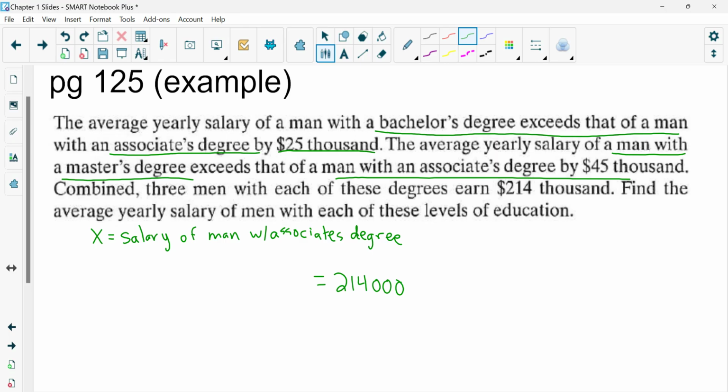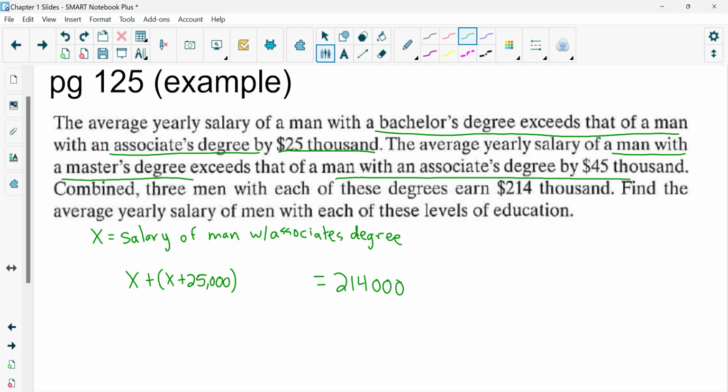And so when we add these all up, it's first the man with the associate's degree, which is just x. We're going to add to that the man with the bachelor's degree. So how can I write the salary of the man with the bachelor's degree? x plus 25,000. I could put that in parentheses just to note that is going to be the bachelor's degree.